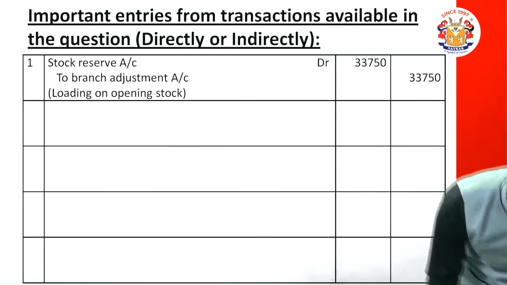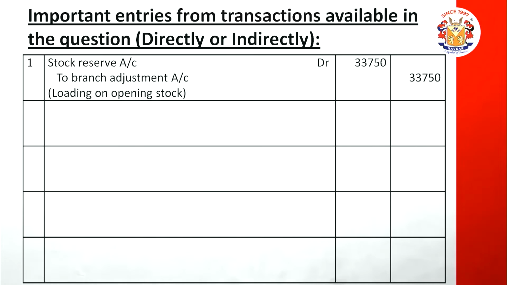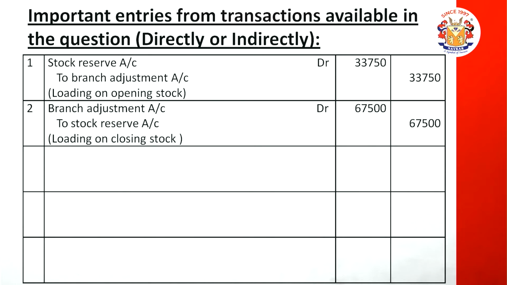Let us check the next entry. Branch adjustment account debit 67500 to stock reserve, meaning loading on closing stock. Mind well, loading on opening stock is realized in the current year.